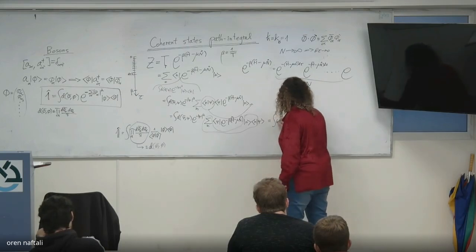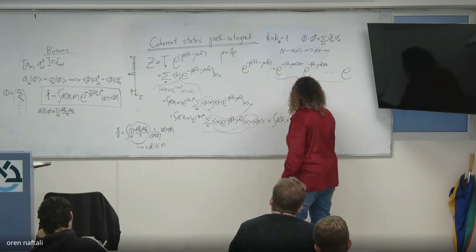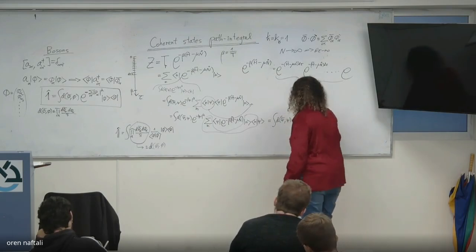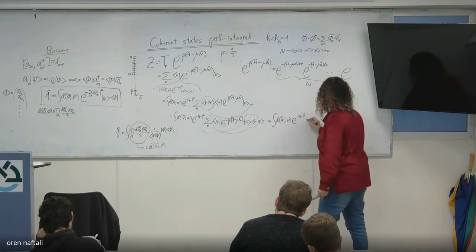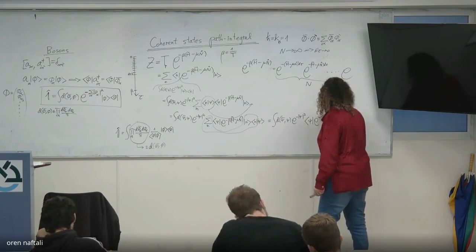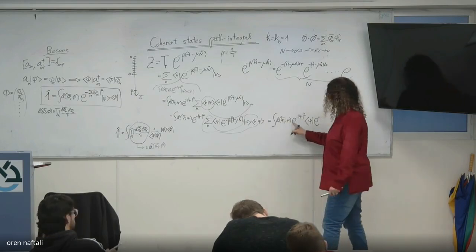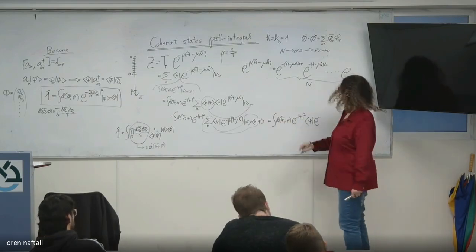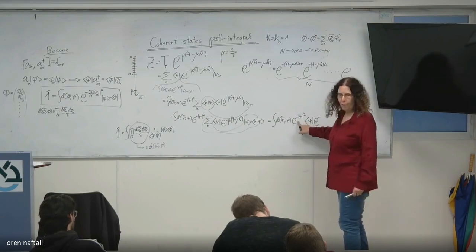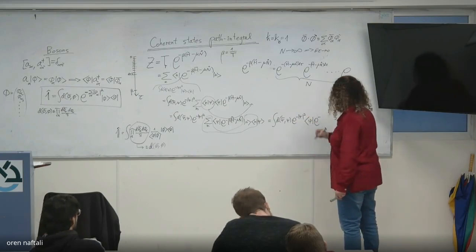What I'm left with is just the integral over the psi's. Okay? So this is what I got. I'm actually integrating over all the psi's. There is an exponential factor that compensates for the over-completeness.